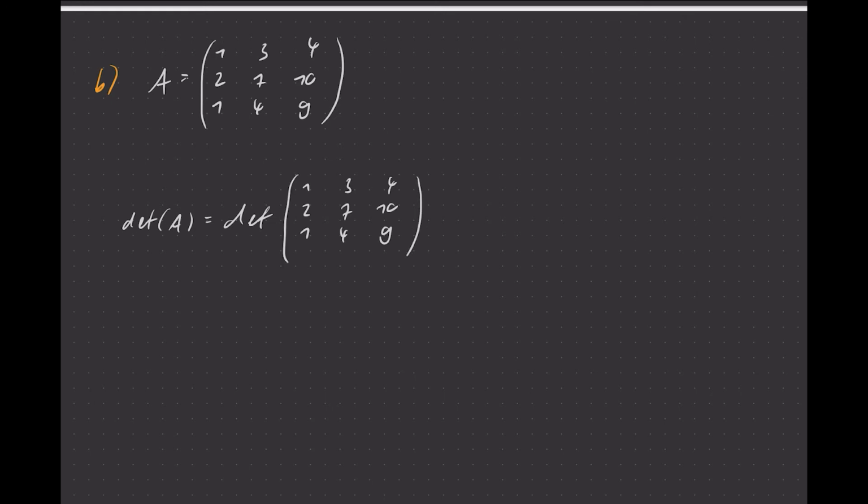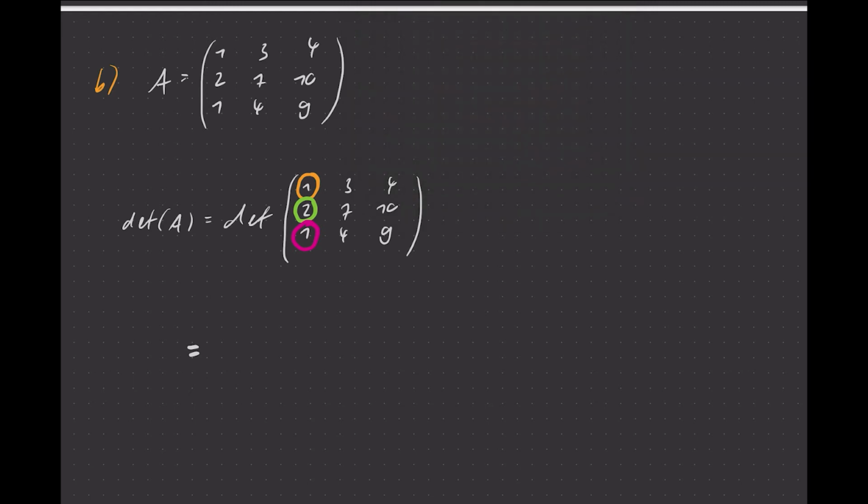So remember, we have to look at the first column, and there is a summand for each entry in the first column. So we'll have one summand corresponding to this entry here. We'll have one summand corresponding to this entry here. And we'll also have one summand corresponding to this entry here. So let's start with these.